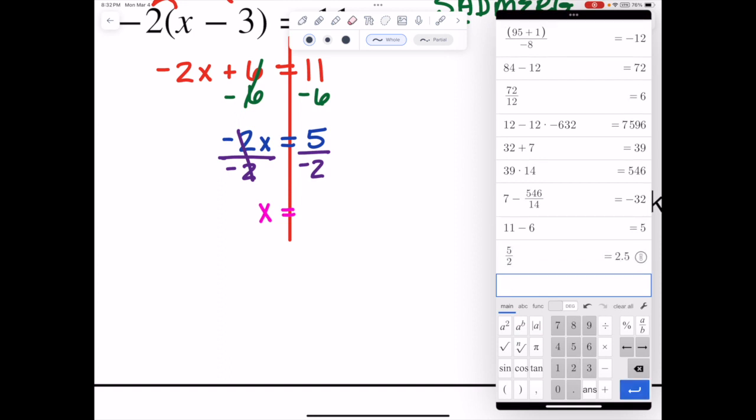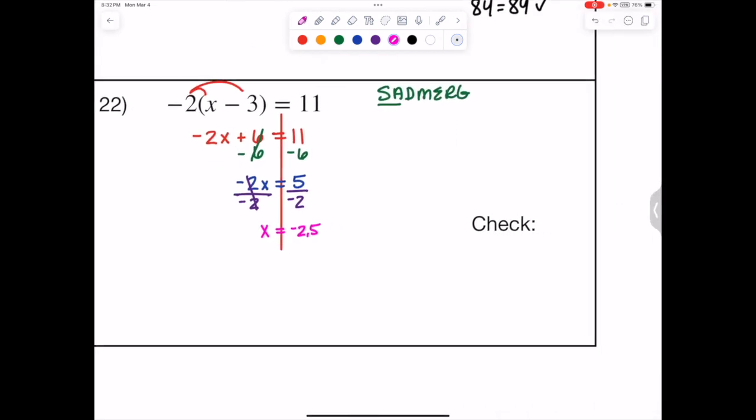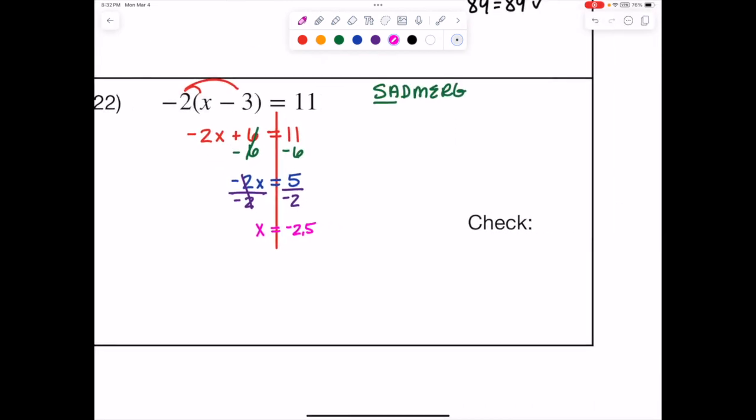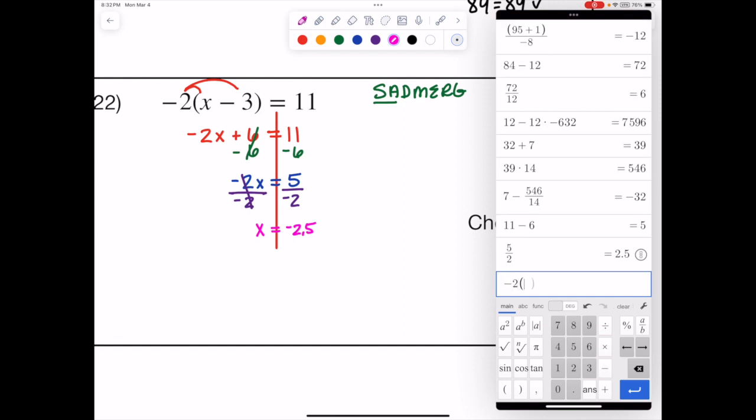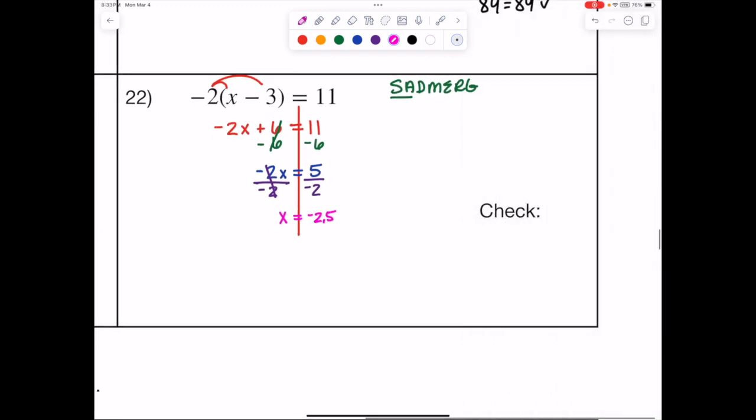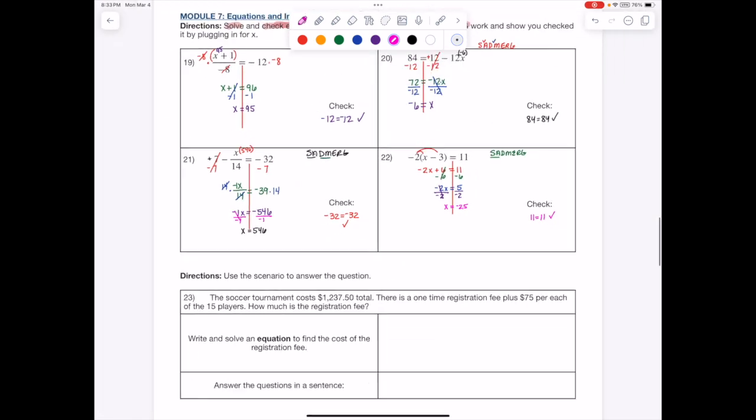It's 2.5, or negative 2.5 is 5 halves, so x equals negative 2.5. Let's plug that in and see if it equals 11. We have negative 2 times the quantity of negative 2.5 minus 3, close parentheses, and we get 11. So 11 equals 11. It checks out. So there we go.